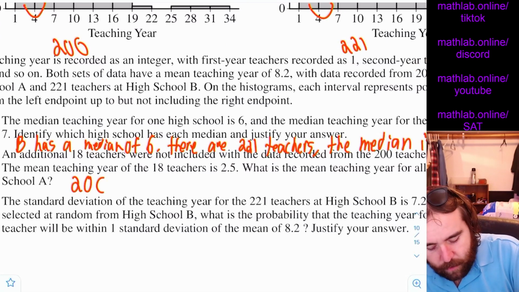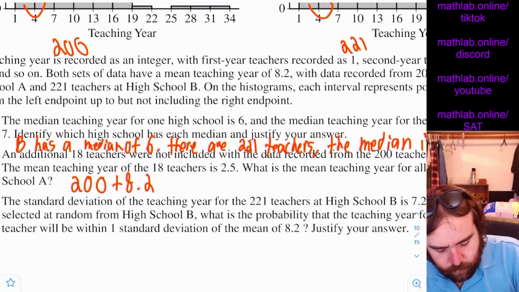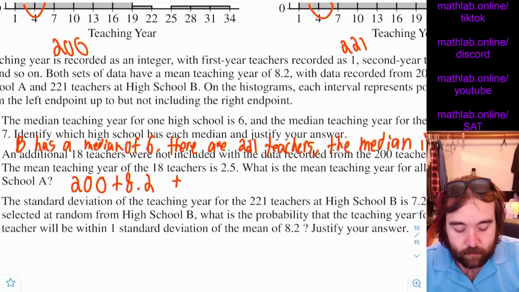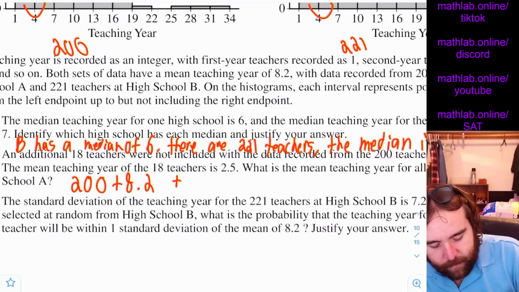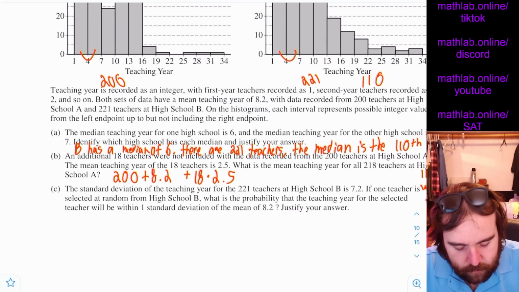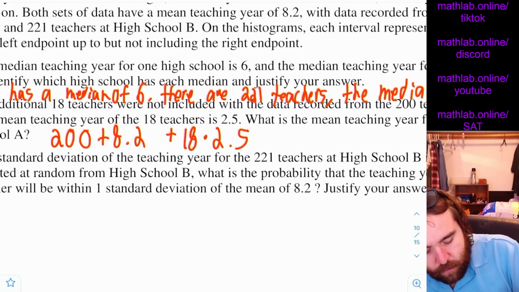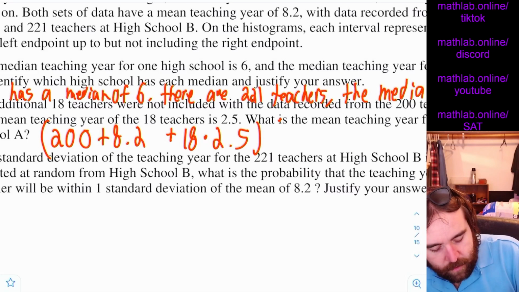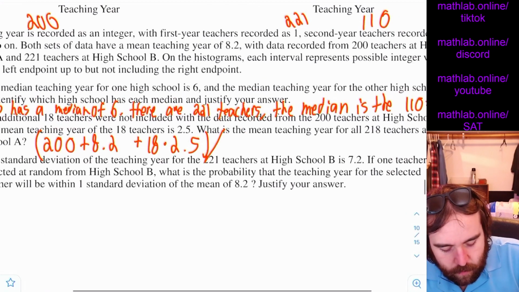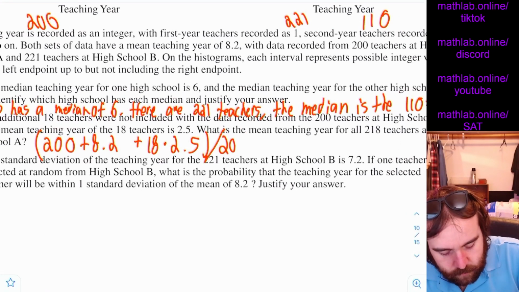I'm going to do 200 times 8.2 to get the total number of years from those 200 teachers. Then I'm going to add on these 18 teachers with a mean of 2.5. That gives me my new total teaching years. Then I'm going to divide that by the new total number of teachers, 218.